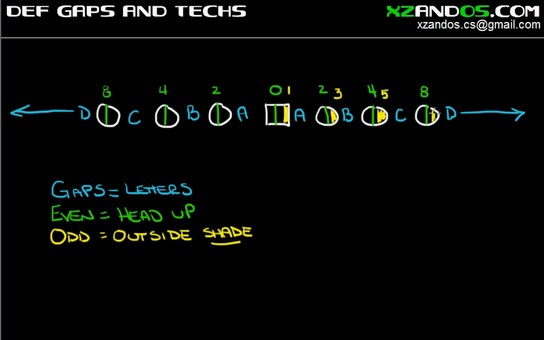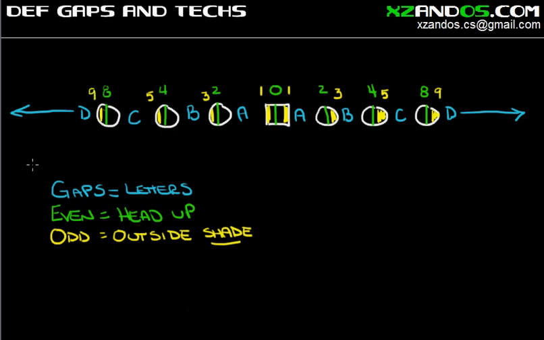And the outside shade on a tight end is that infamous 9 technique, that strong defensive end. And then the same thing is true on the other side. Outside shade of the center is a 1. Outside shade of the guard is a 3. And then the outside shade of the tackle is a 5. And then outside shade of the tight end, odd number, is 9.